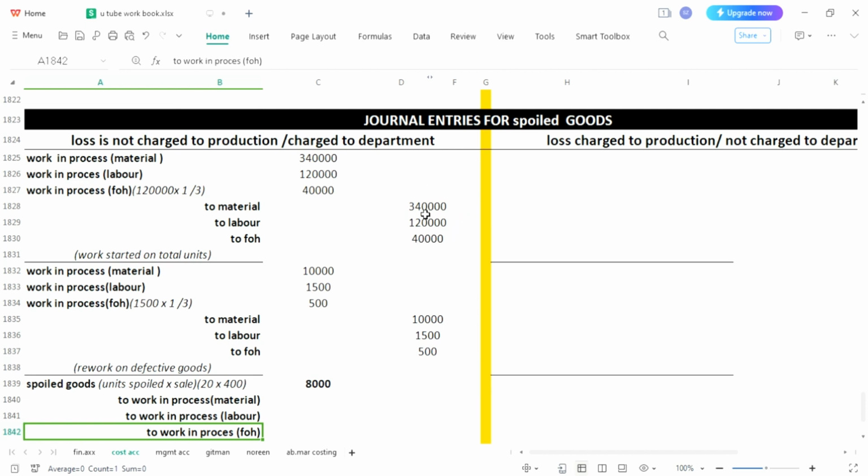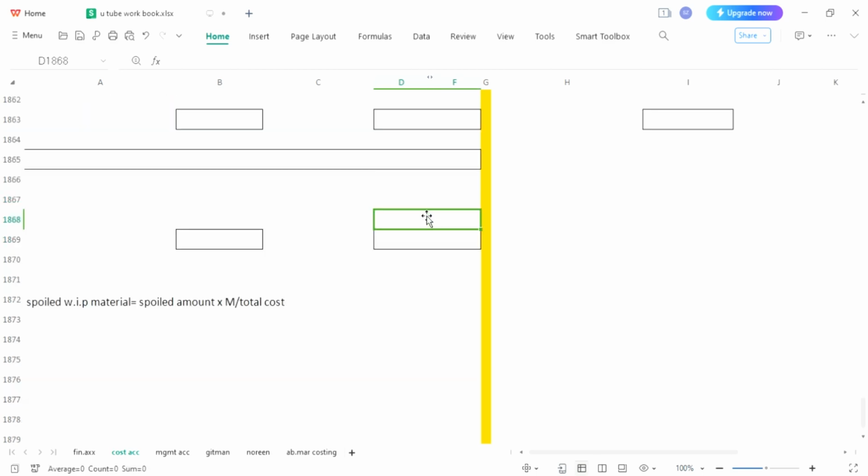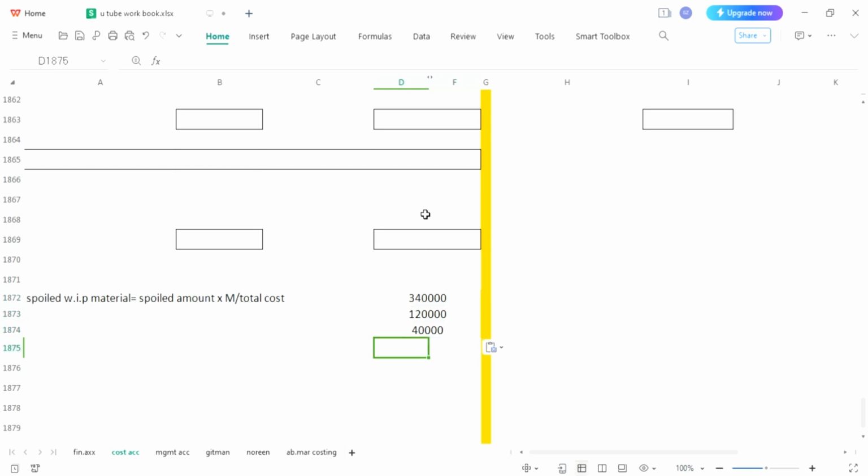For right now we are taking these amounts. Instead of going up and down, we will write over here. So these were three amounts. First we will take their sum. So sum of these three amount is 5 lakh.